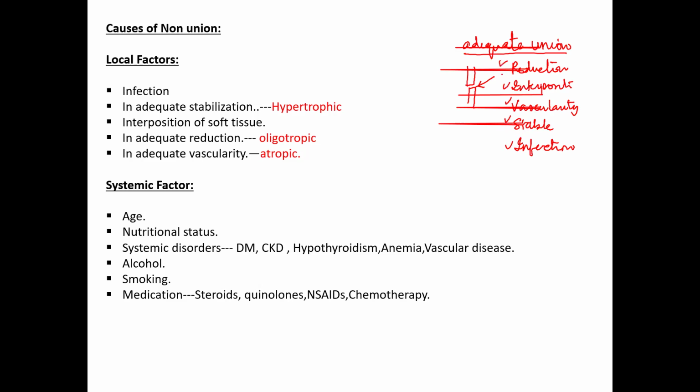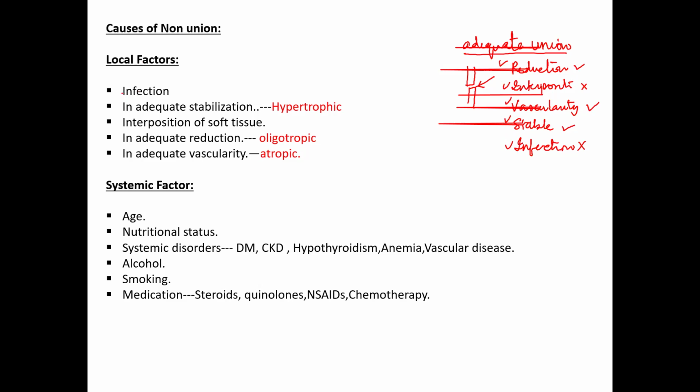To recall: proper reduction, no interposition of soft tissue, vascularity should be good, the fracture should be stable, and there shouldn't be any infection at the fracture site. If anything among these factors is affected, then the patient will have an increased risk of developing non-union.